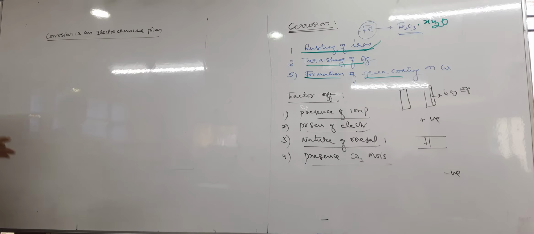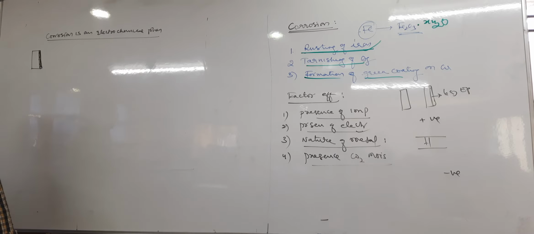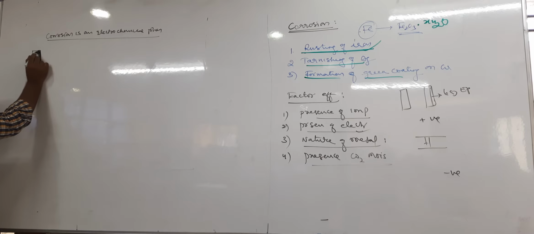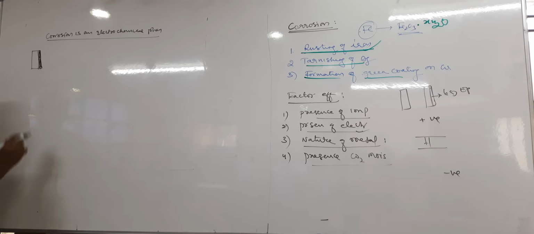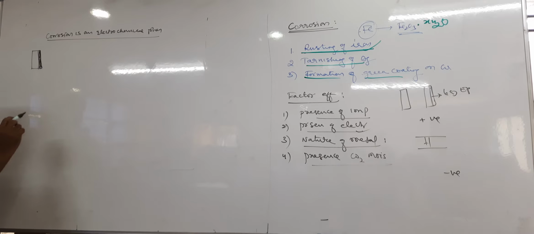Rusting of iron is an electrochemical phenomenon because, let us take iron containing impurity, because we know that impure iron can be corroded easily compared to pure iron. Let us take impure iron. Here this is the pure iron and this is the impurity part. This impurity part has less electropositivity and iron has more electropositivity.